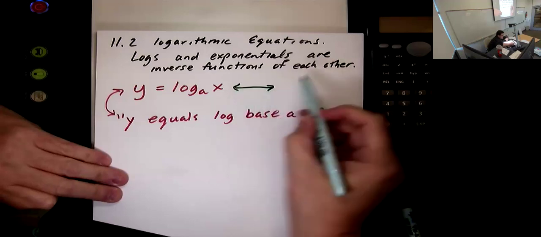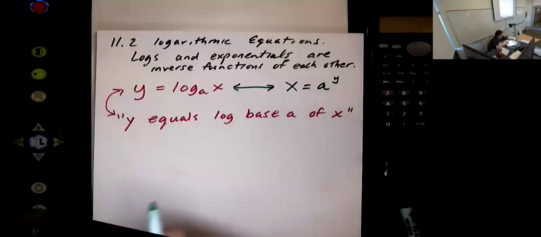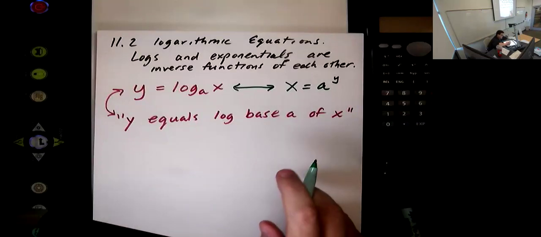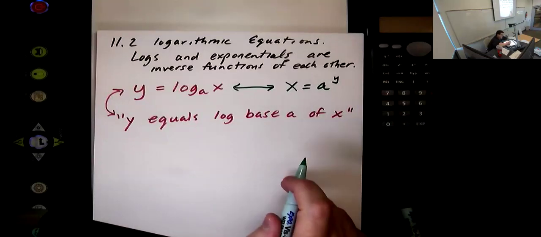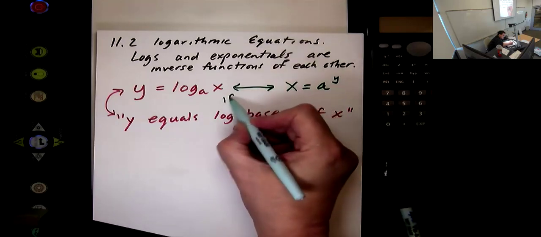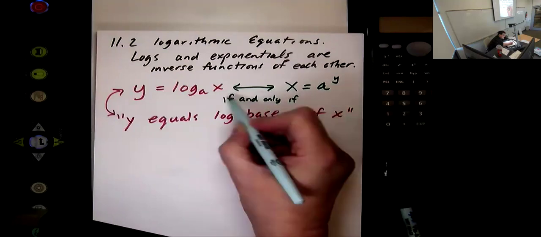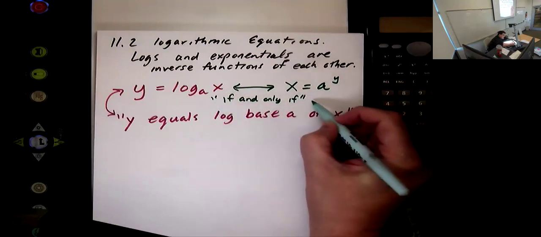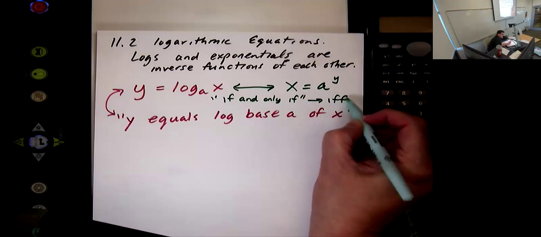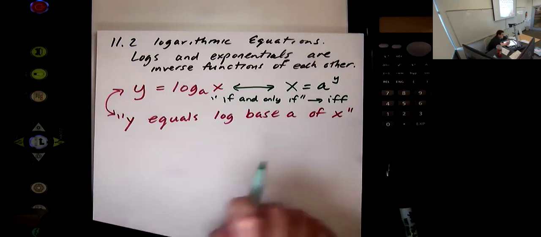This means the same thing as x equals a to the y power. The math phrase they use for this is "if and only if," which is abbreviated iff, because we're lazy, and "if and only if" is a long thing to write when you write it a lot, and they write it a lot in proofs.